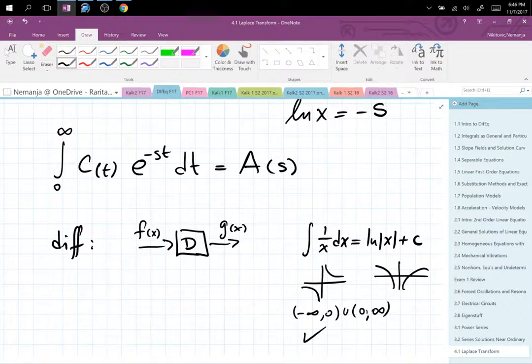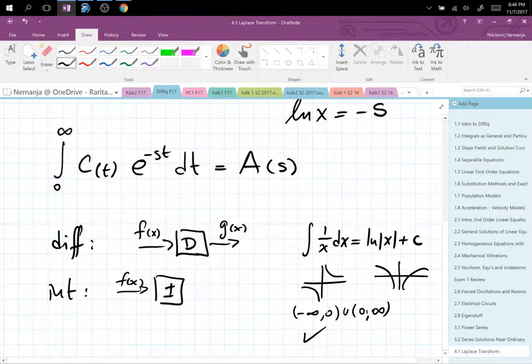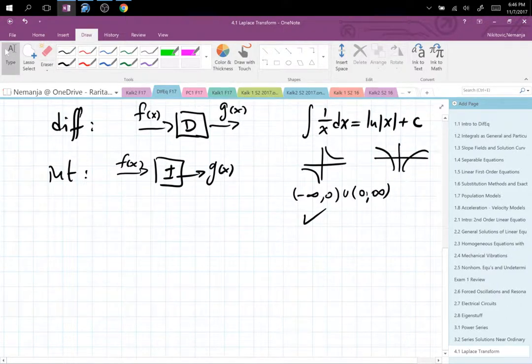Now, this is your world so far. Integration did the same thing. So integration, which is an integral operator, you feed in function f of x into the integral operator, and it spits out a different function, again in terms of x. Welcome to the world of transformations.